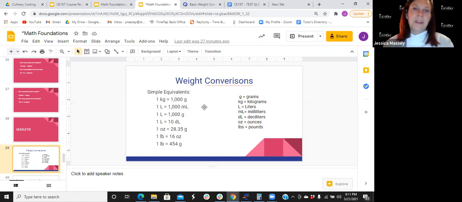Trying to think of a good example. If you look at a Coke bottle or olive oil, you'll see it says 1 liter or 1,000 milliliters, or 750 milliliters equals 28.3 ounces or whatever it is. I wish I had a Coke bottle. I did not plan that well enough.